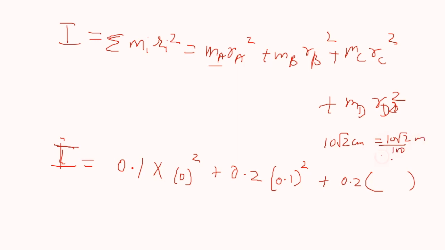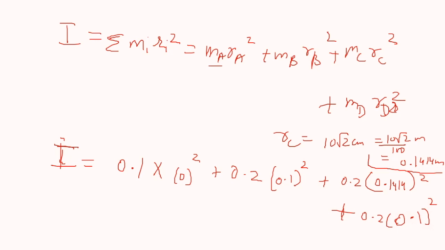So when you calculate this RC, it comes as 0.1414 meter. So that is what you'll do, 0.1414 square plus, for RD, which is 0.2 into 0.1 square.